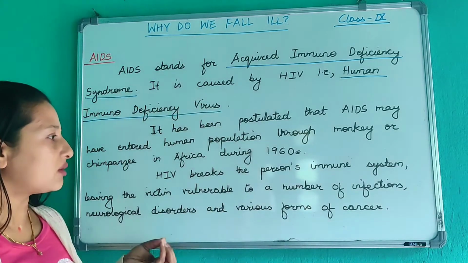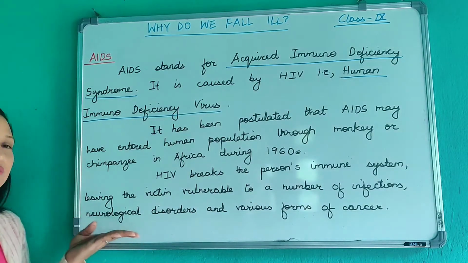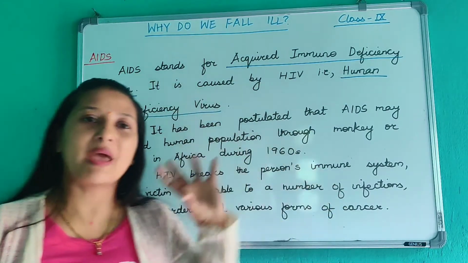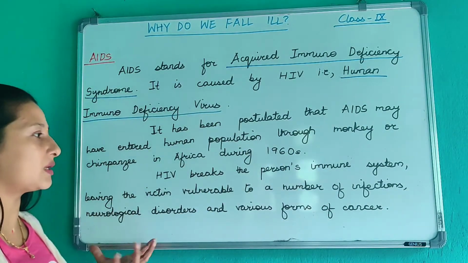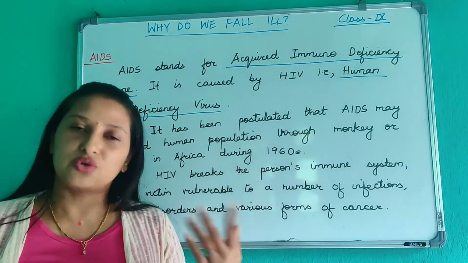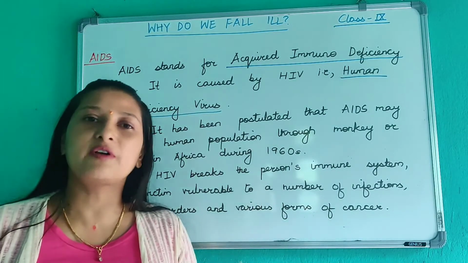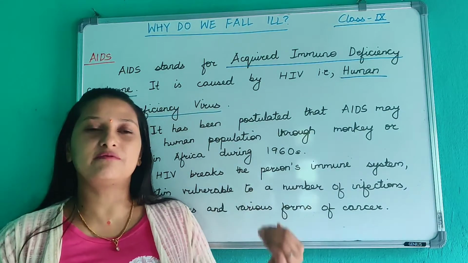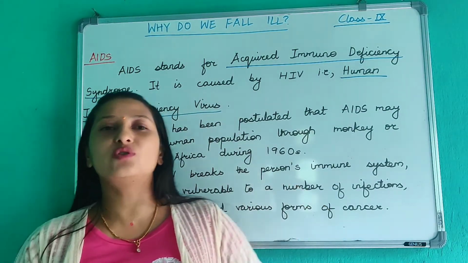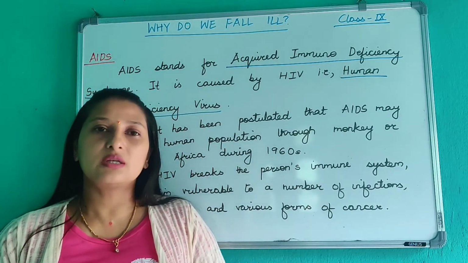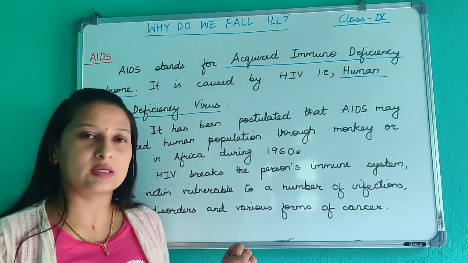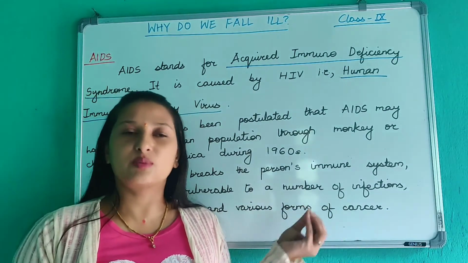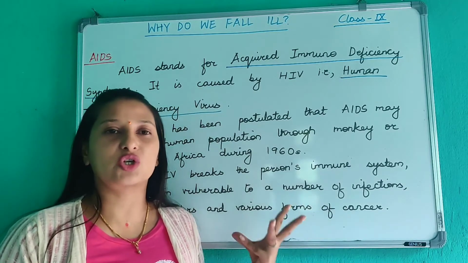Or you can also get a number of neurological disorders pertaining to the brain, to the memory, like depression and so on. And then you may also get various forms of cancer. So usually a person infected with AIDS dies of secondary infection, because, as I told you earlier, the person's self-defense mechanism is attacked by the HIV virus.